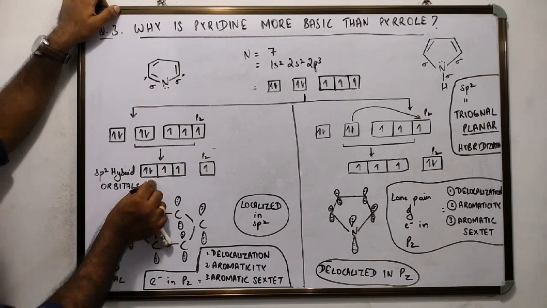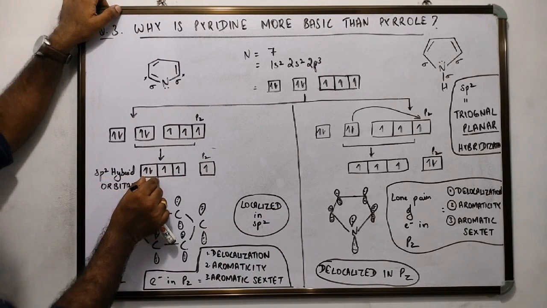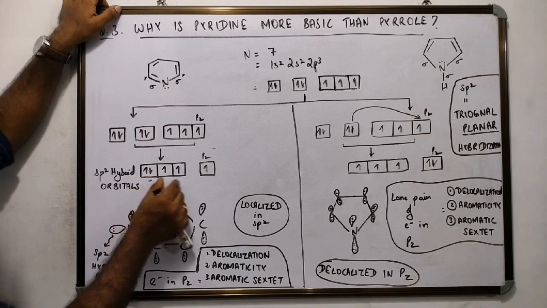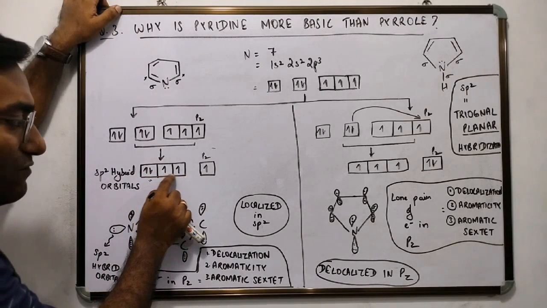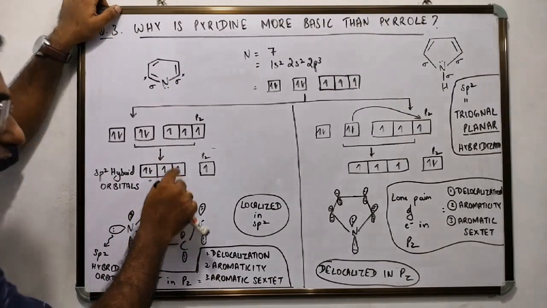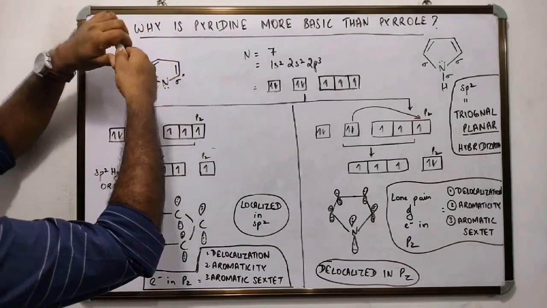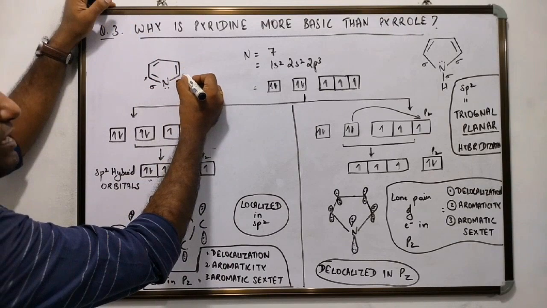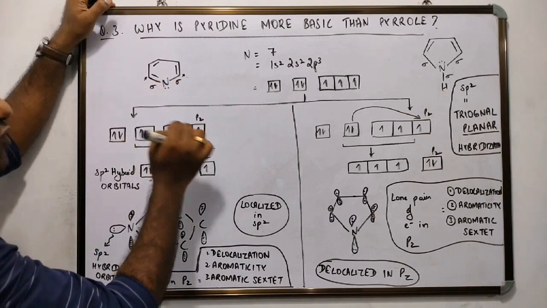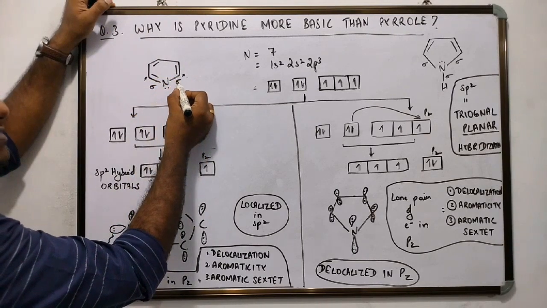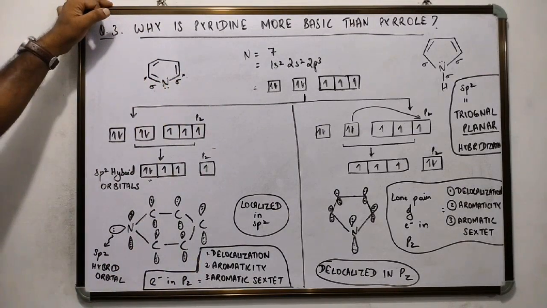Now, one of the sp2 hybrid orbitals contains the lone pair of electrons. The other two sp2 hybrid orbitals contain one electron each, and they go for a head-on overlap with the sp2 hybrid orbitals of the carbon atoms on either side to form the N-C sigma covalent bonds.